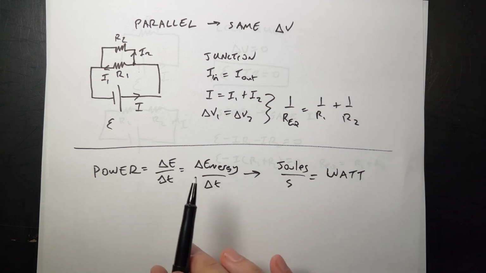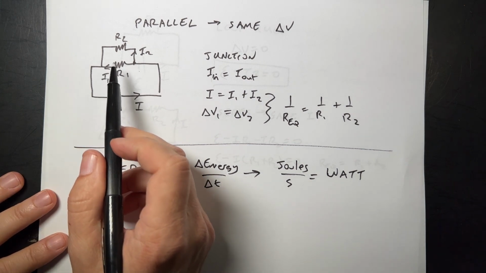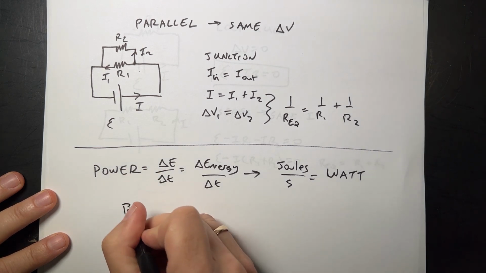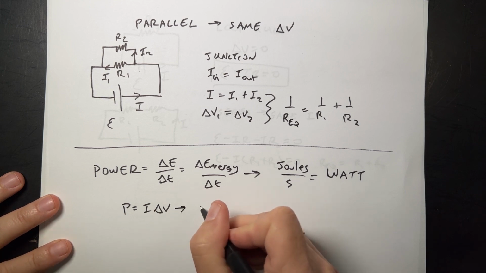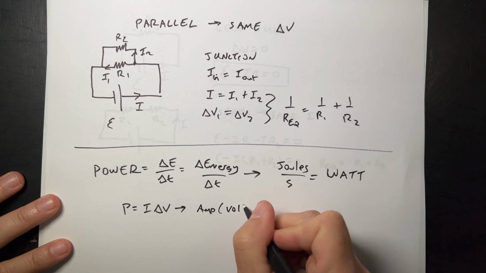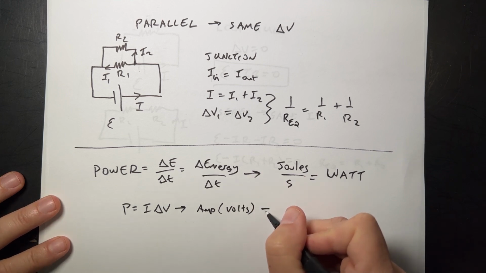Well, it turns out that if I have electric current passing through an element, it will also dissipate energy at a rate that we can calculate: the power is I delta V. So again, if I is in amps and delta V is in volts, then I get the power in watts.